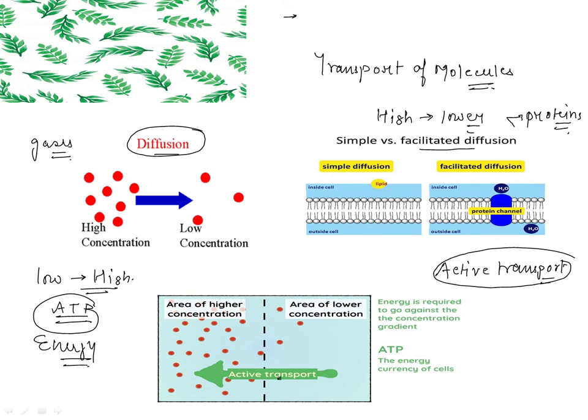And second, in diffusion and facilitated diffusion energy is not needed, but in active transport energy is needed. This is one of the most important points to consider: energy is stored in the form of ATP, which is the energy currency of the cell. So these types of mechanisms are there for the transport of molecules.